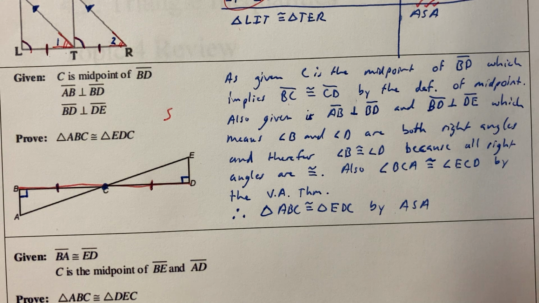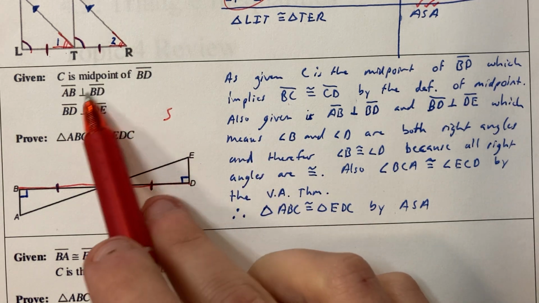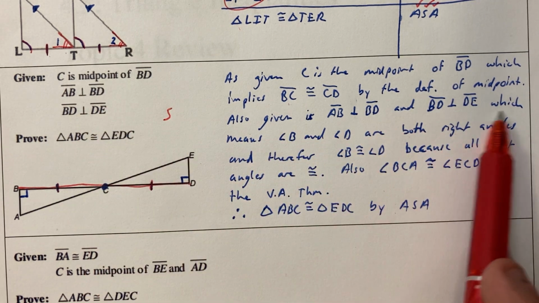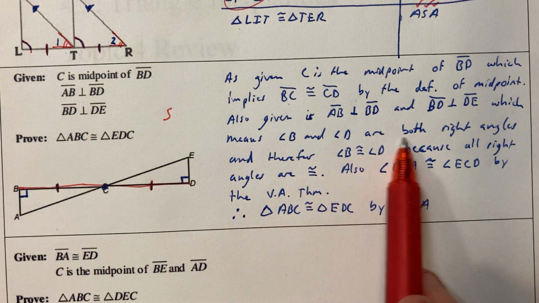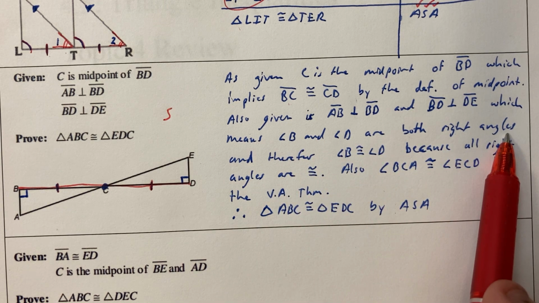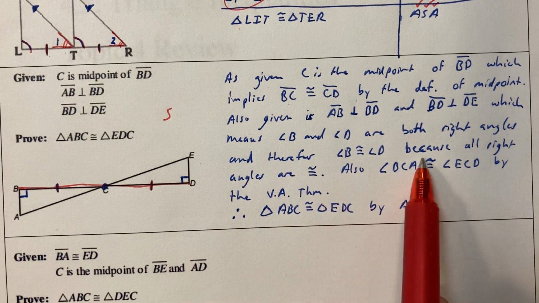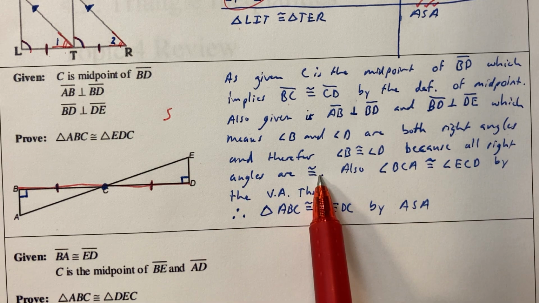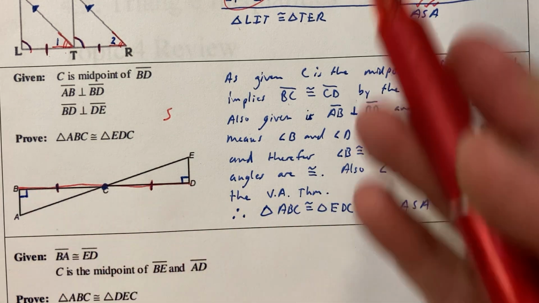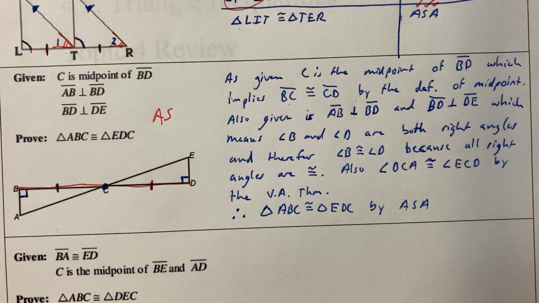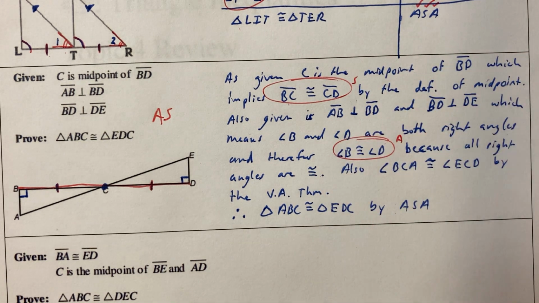That's an S. Also, we have another given, the perpendicular givens, which means B and D are both right angles. That's what perpendicular means, and therefore B is congruent to D because all right angles are congruent. So that is an A in my problem. I've compiled an A. I got an S, and I've got an A.